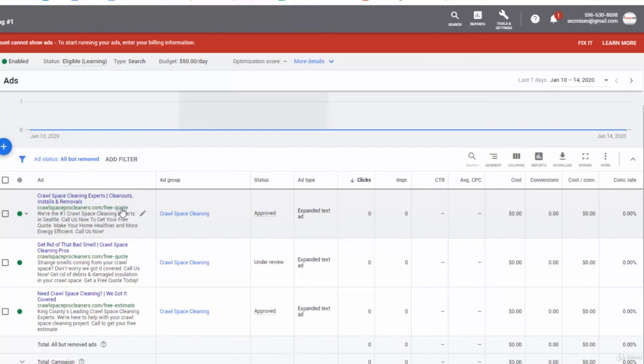This is going to be the same. This is going to be the same here as far as the URL. And "We're the #1 crawl space cleaning experts in Seattle" is going to be changed, and we're going to test this out. So instead of this one, we would literally just change that to "Strange smells coming from your crawl space," or something along those lines. We would change the variable, right?